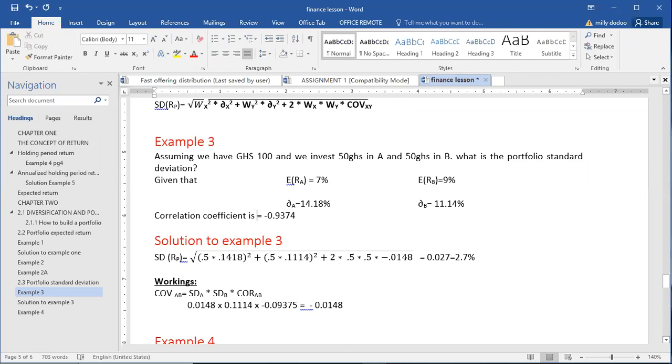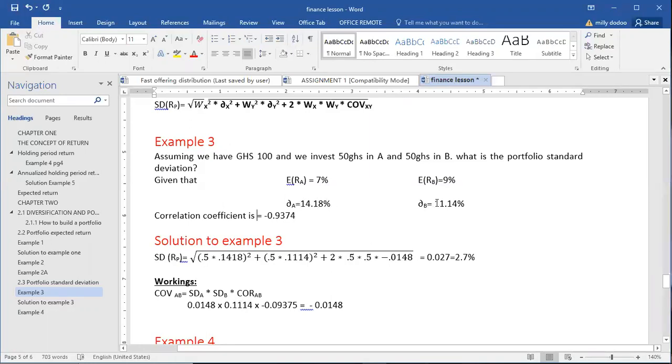So when you do your change of subject to get it, at the end of the day, covariance is equal to the standard deviation multiplied by what? The correlation coefficient. So now, I know the standard deviation of A. I know the standard deviation of B. The standard deviation of A is 14.8.